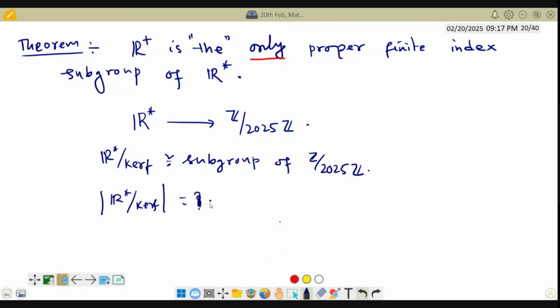Good, 2, because we have seen this. This will be 2 if we are assuming that the quotient is finite. Because for the isomorphism, this is a finite group, so the subgroup is finite. So 2. Now can you conclude how many homomorphisms there are?